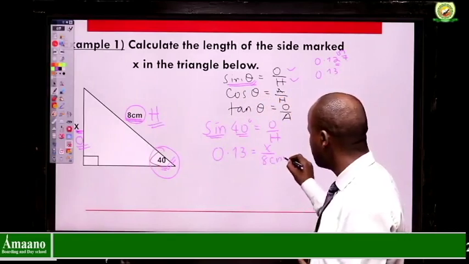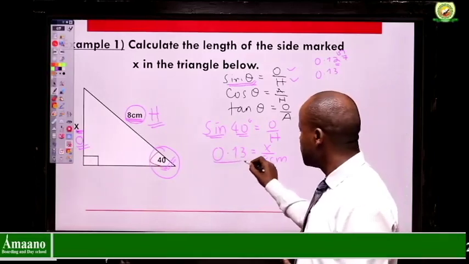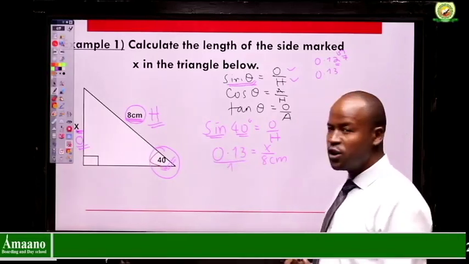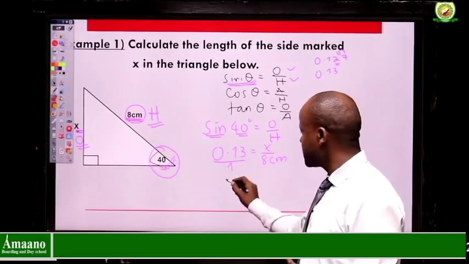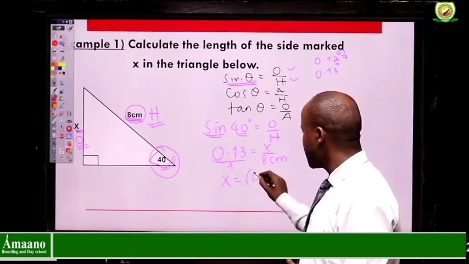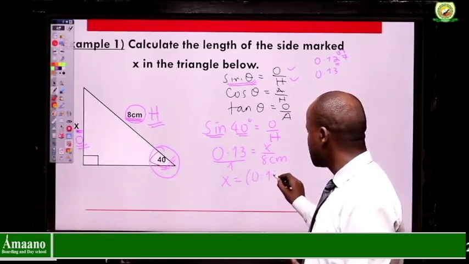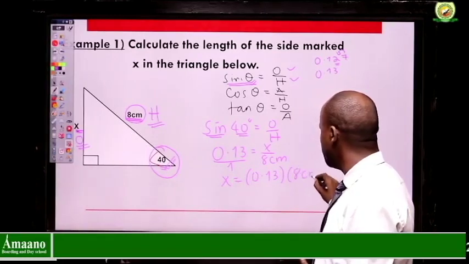Now to find the value of X, give a denominator of 1 to the left side, then using cross multiplication, 1 times X is X, which is equal to 0.13 times 8 centimeters.